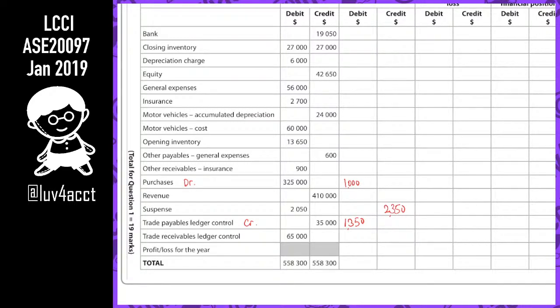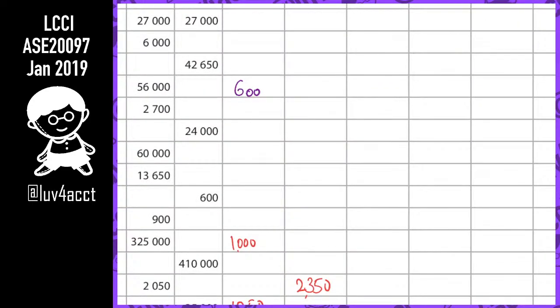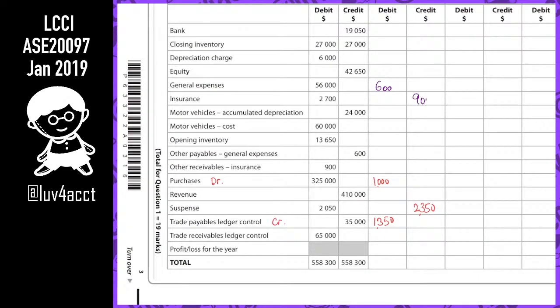Other payables, general expenses. If it is payables 600, we have to post to the general expenses account by debiting, because crediting is done, debiting is not. And also other receivables 900. So we find insurance, credit 900. This would be the corresponding entry of the other payables and receivables.